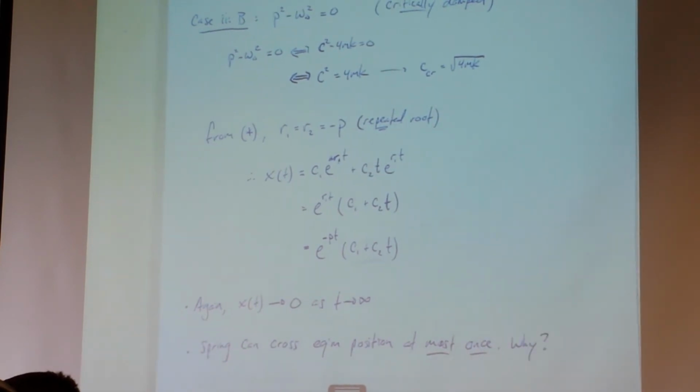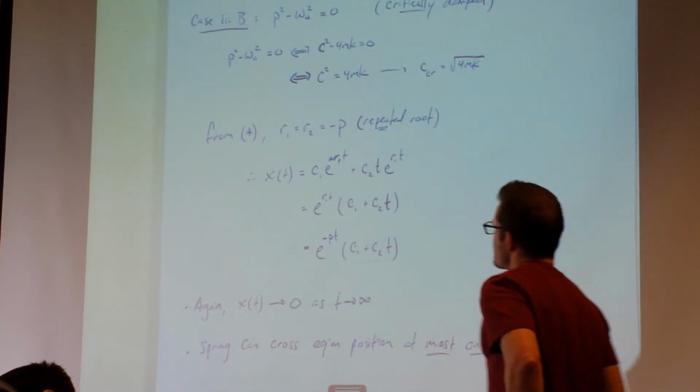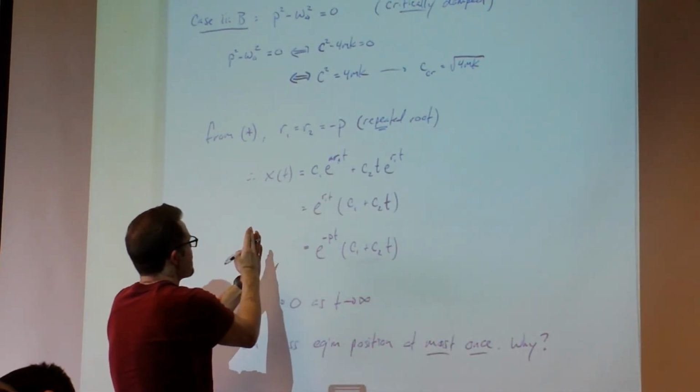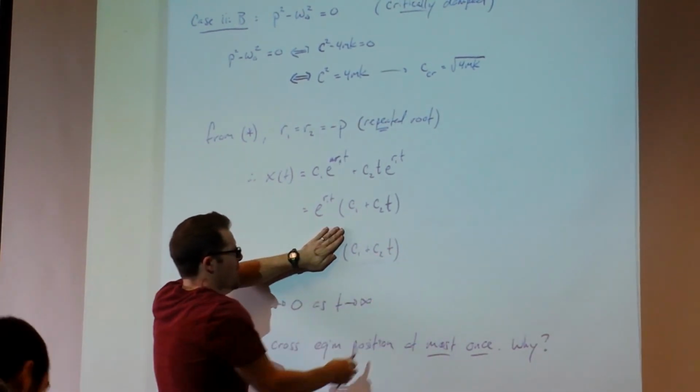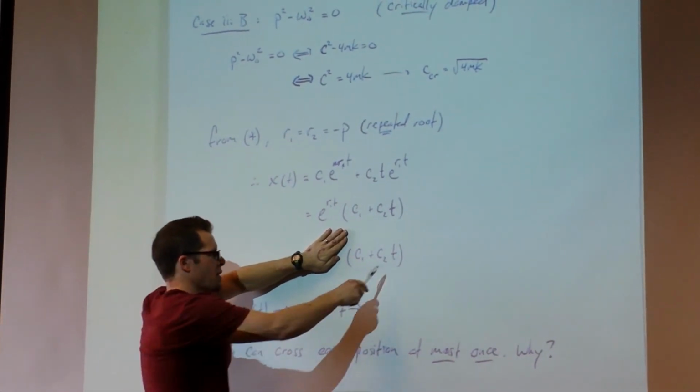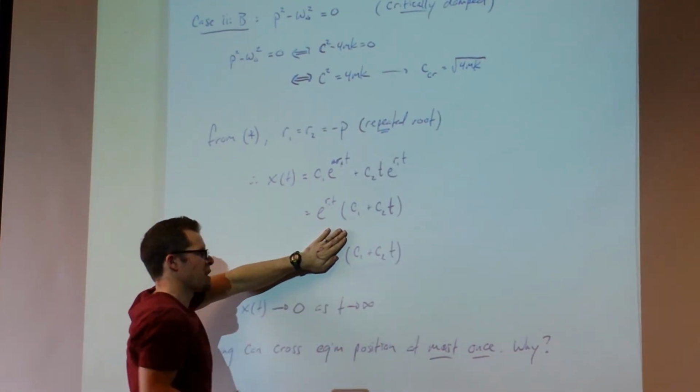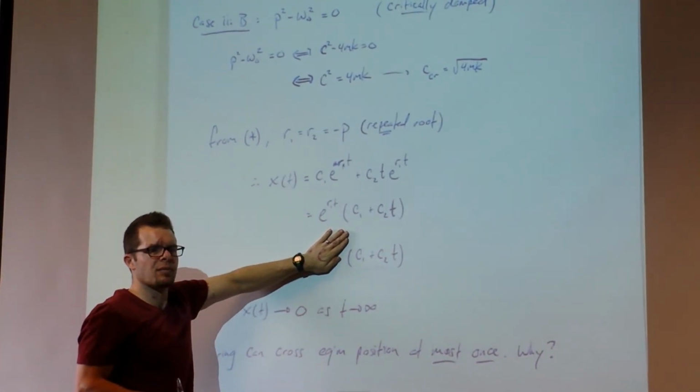What about that equation tells you that? Right. So equilibrium position is when x of t is 0. This part never equals 0. So it has to come from here. So if you have a linear part, there's only one value of t that would solve that.